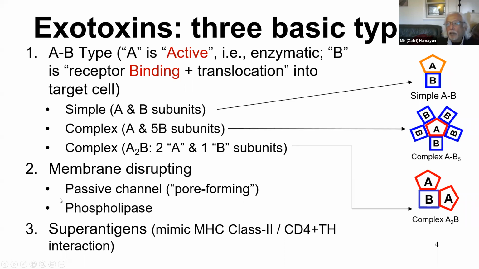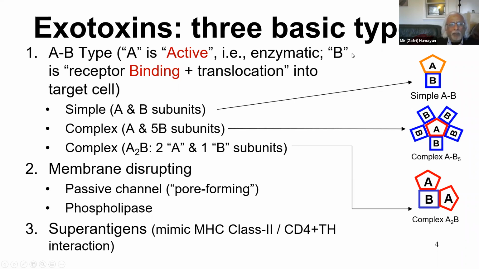Within these three, the most important group is the AB toxin. In AB toxin, there is an invariant overall structure. There are two subunits. One is the A subunit, the other is the B subunit. The A subunit is the enzyme. It's also called the active subunit. Okay?